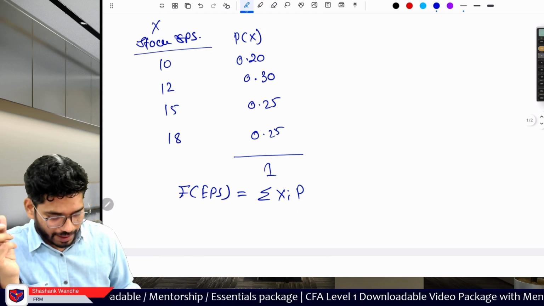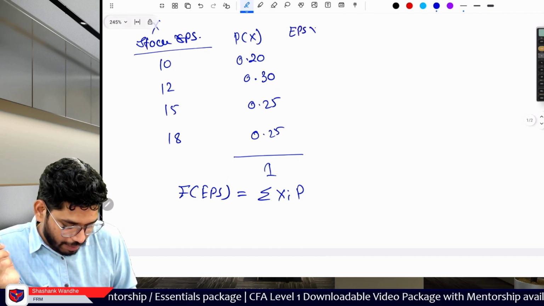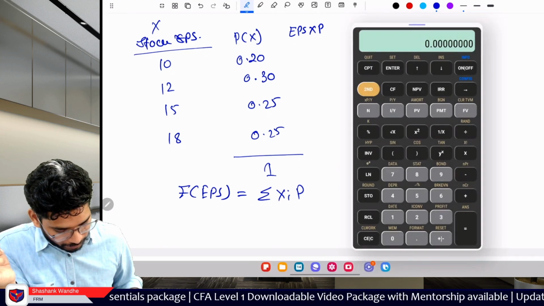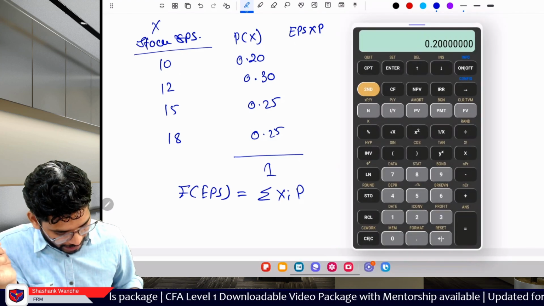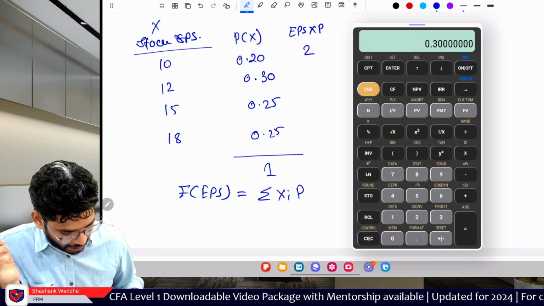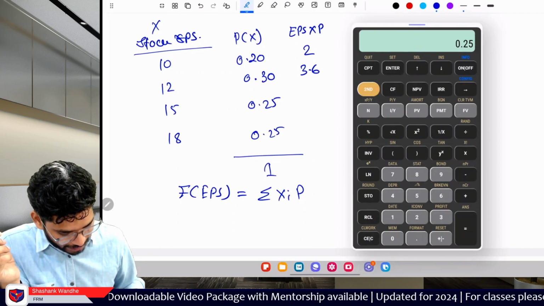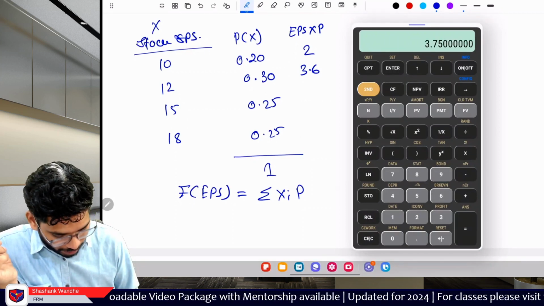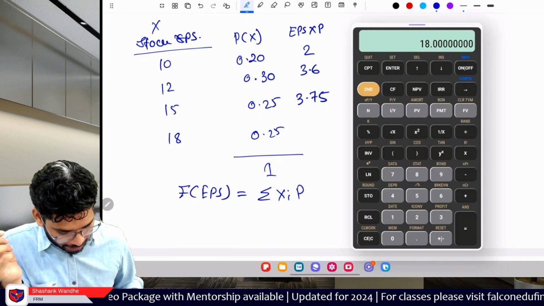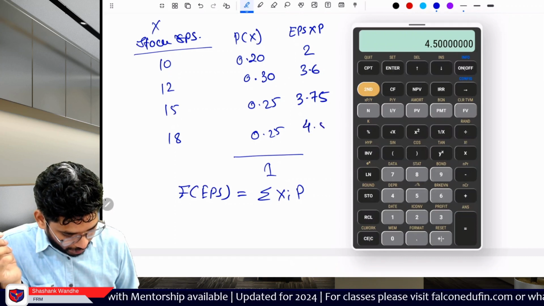Now the first step is you have to multiply EPS by probability and do the calculation here. So it's 0.2 multiplied by 10, it's 2, then 0.3 multiplied by 12 is 3.6, then 0.25 multiplied by 15 is 3.75, and 18 multiplied by 0.25 is equal to 4.5.